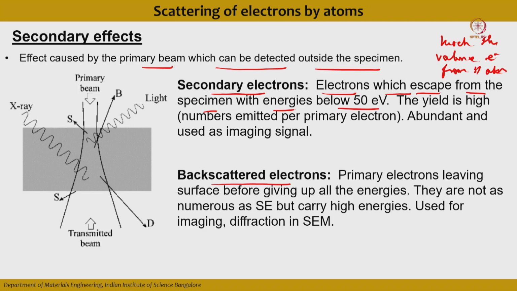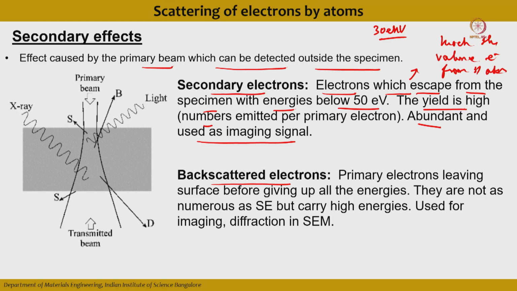Remember, for SEM we are using 30 kilo electron volts. So these valence electrons with energies less than 50 electron volts will escape, and the yield is high and abundant, and these are used for imaging the surface of the sample.